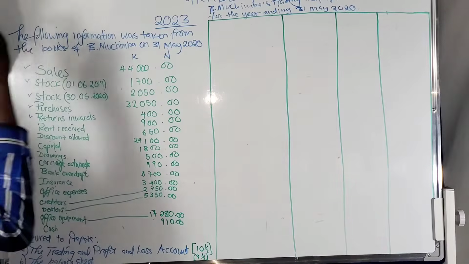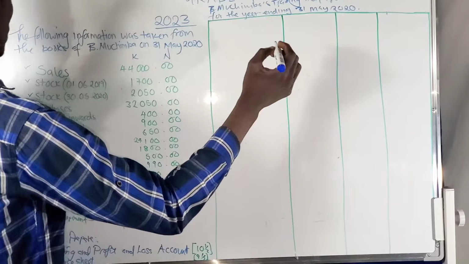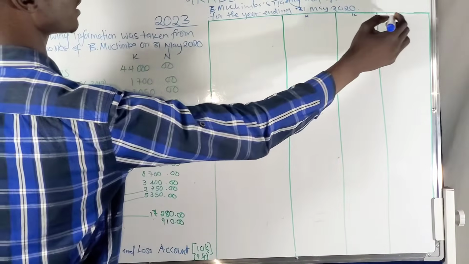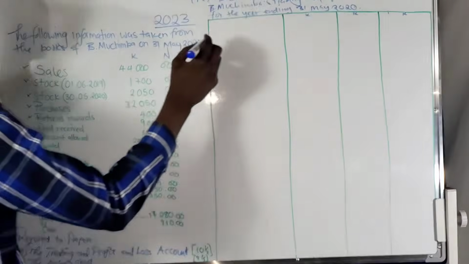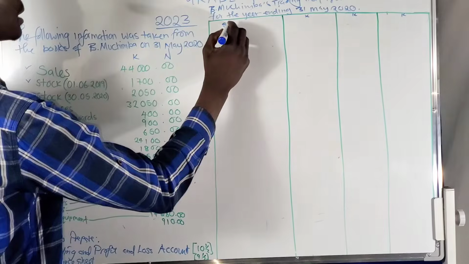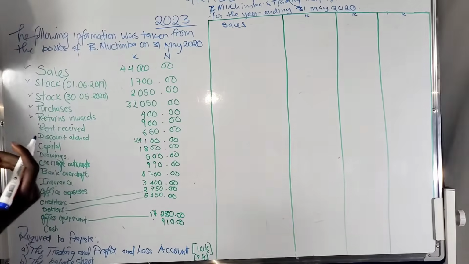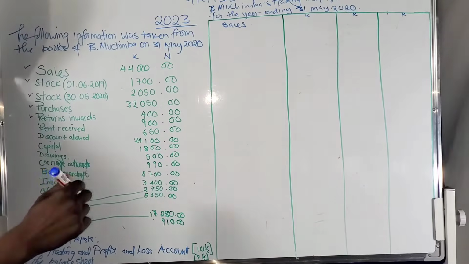So we're going to start with the very first thing, which is sales. Let's write the currency we are using. We're using kwacha in Zambia. We start with sales. Now, before you indicate your amount, check if at all you have sales returns or returns inwards.